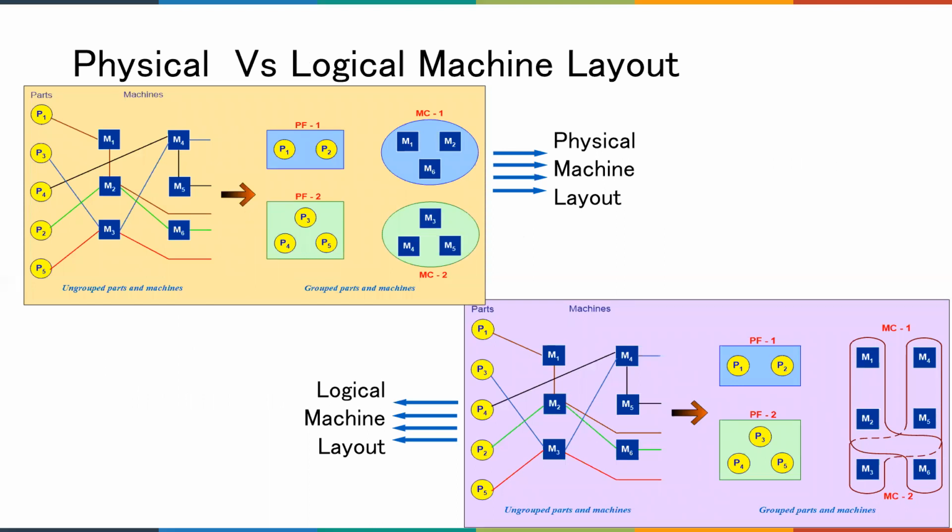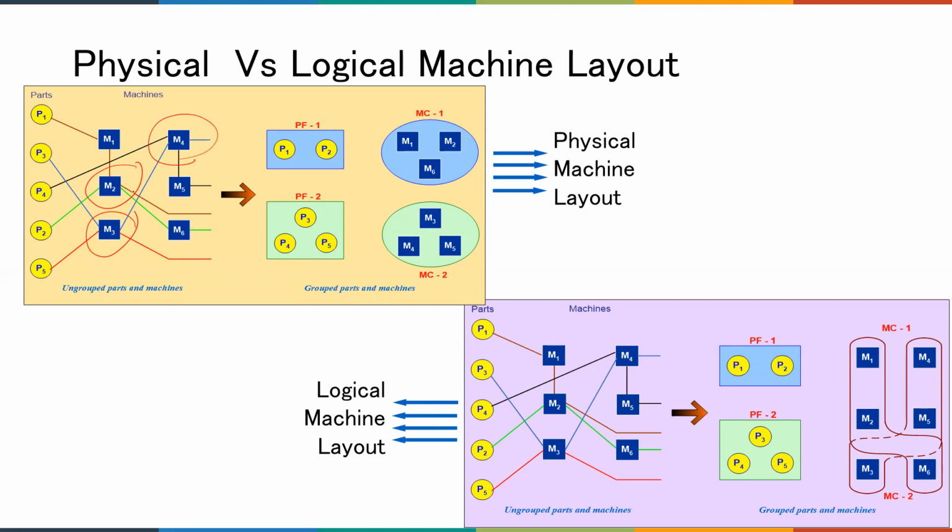So for example, we have 5 parts that need to go to 6 different machines, and according to the machines being shared, for example, part 1 uses machines M1 and M2, while part 2 uses M2 and M6, and we can see here that M2 is shared by part 1 and part 2, while M3 is shared by part 3 and part 5, and M4 is shared by part 4 and part 3.